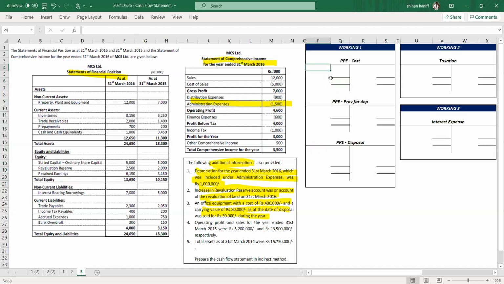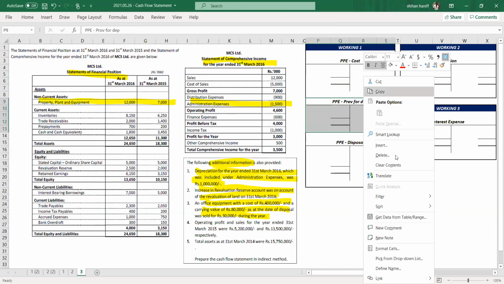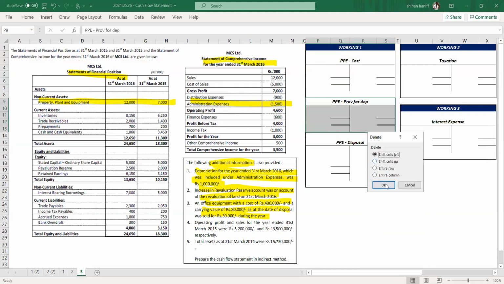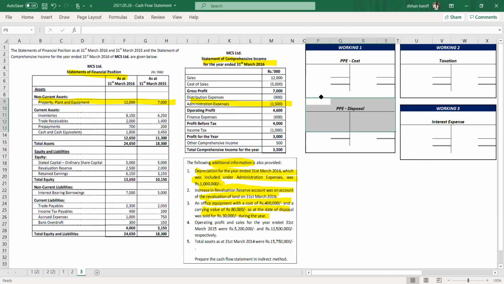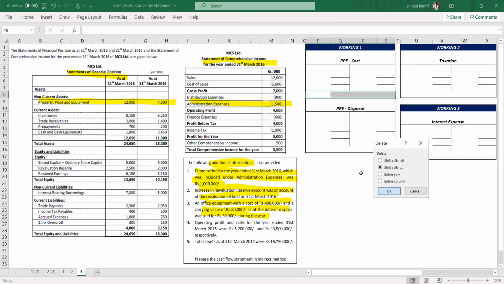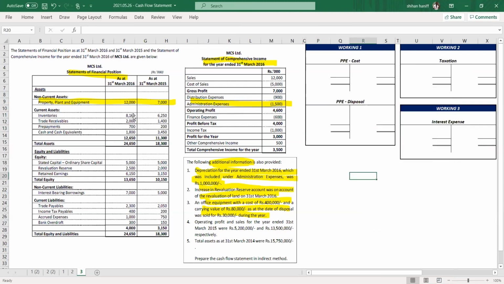So let's start with the PPE adjustment. Opening and closing balances are given here. Since they have not given the accumulated depreciation, we don't need a provision for depreciation account, because you can't do it without accumulated depreciation.